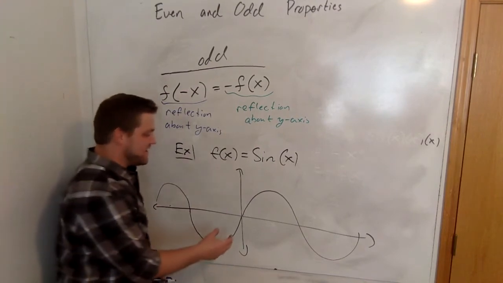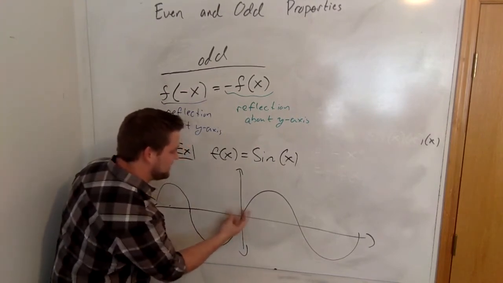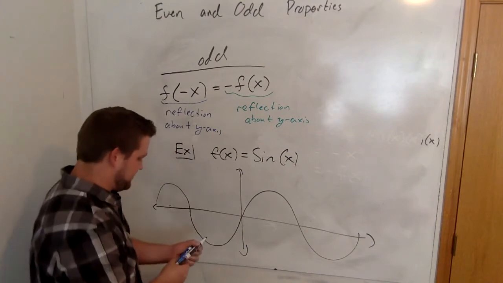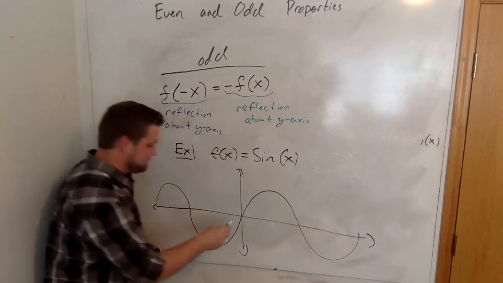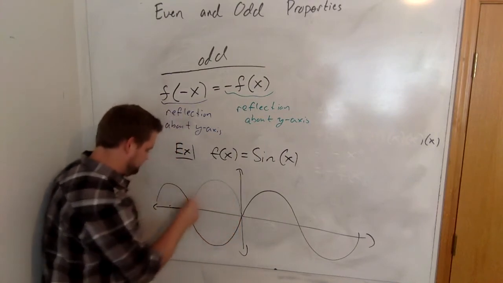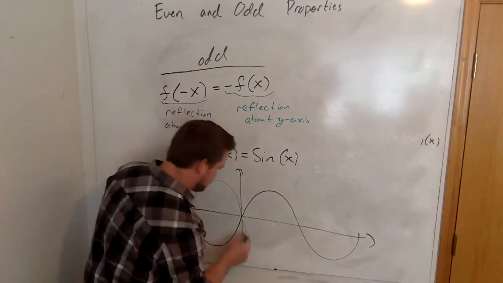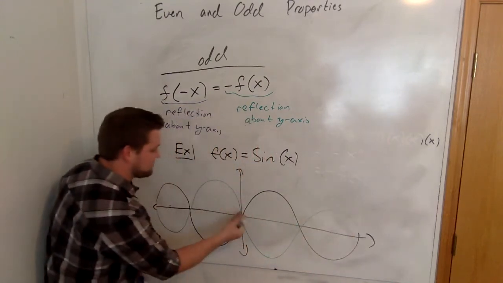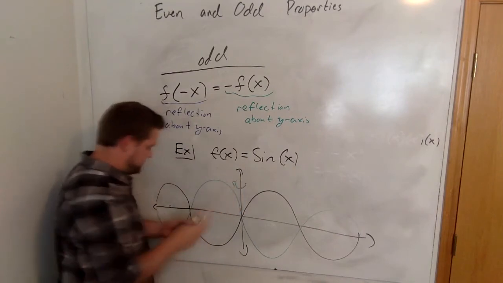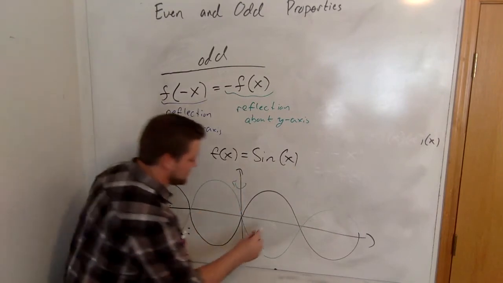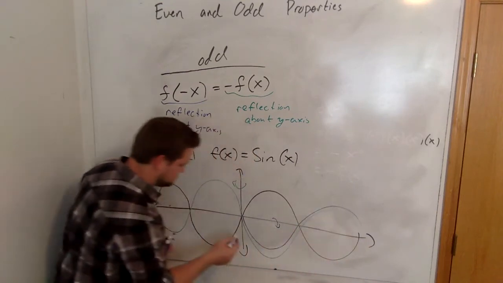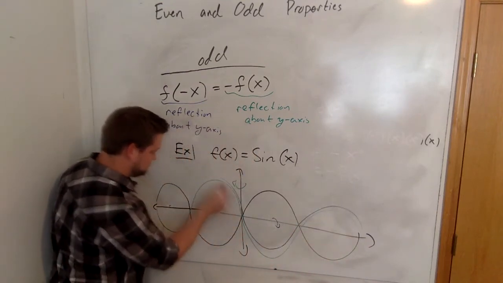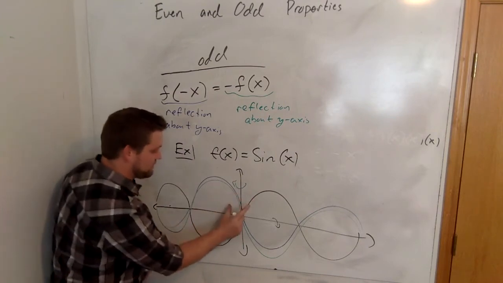Notice if I take the sine graph and reflect it over the y-axis, that is equivalent to reflecting it over the x-axis. So the green, I'm reflecting this way.